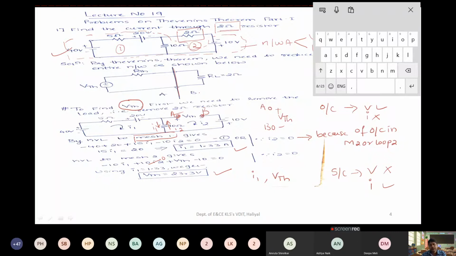So in your assignment problem, maybe the first problem, you have to apply source transformation, right? So can you think about source transformation here? This is minus 40, this is plus 20. You take them. So what will be the resultant?